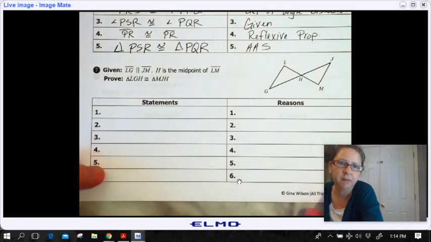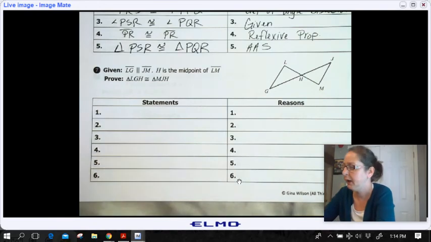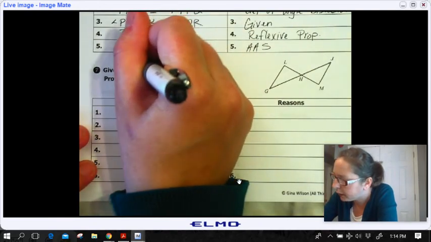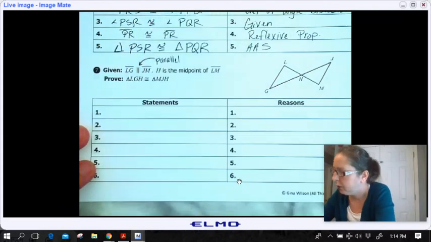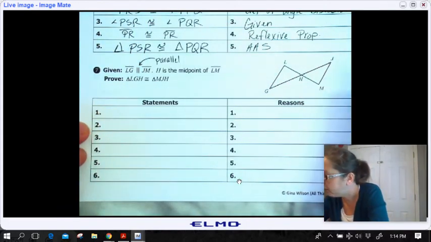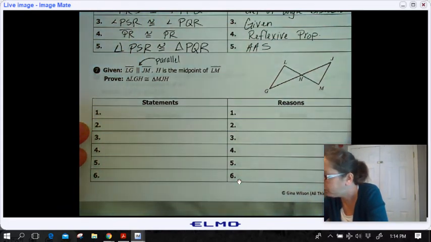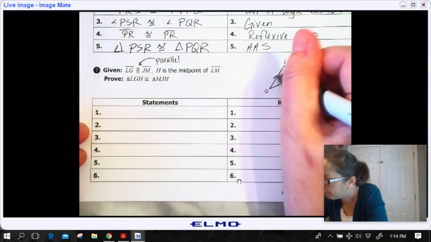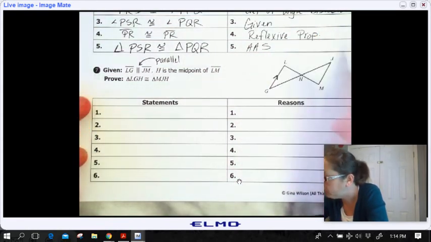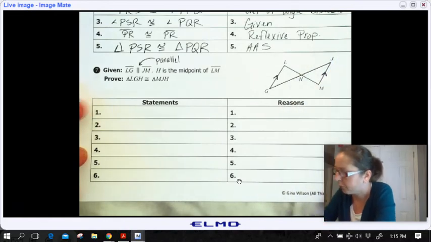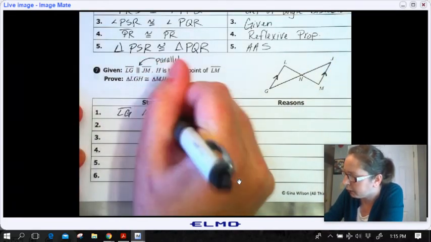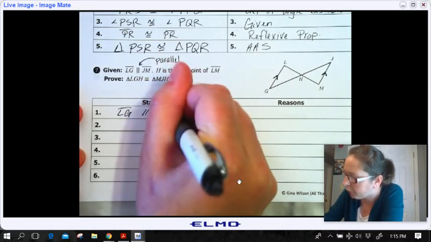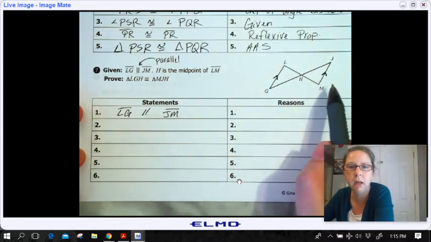So again, I'm seeing some stuff with parallel lines. So LG, let's find LG. Here it is, parallel to JM. LG parallel to JM. So I've gone ahead and marked my parallel lines.